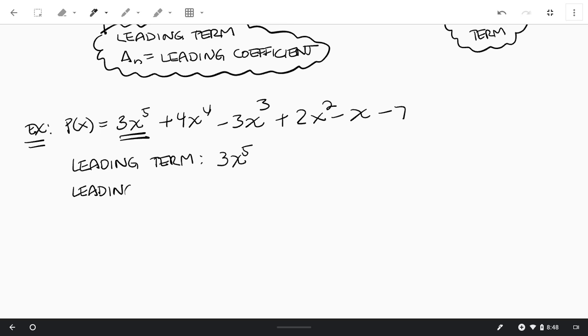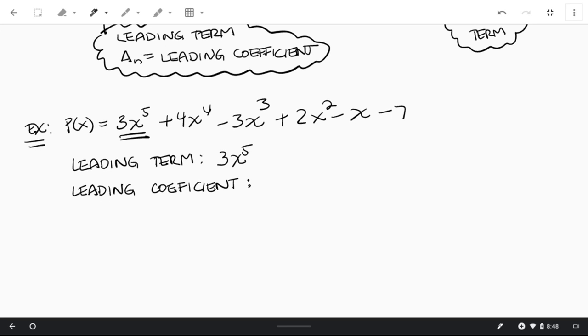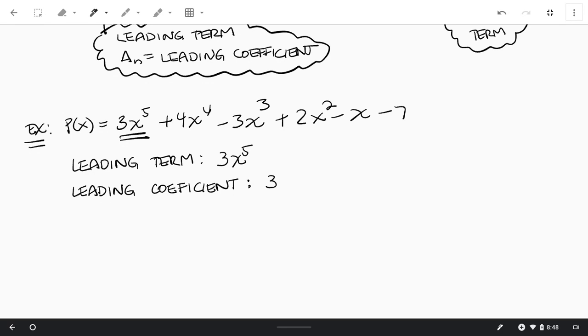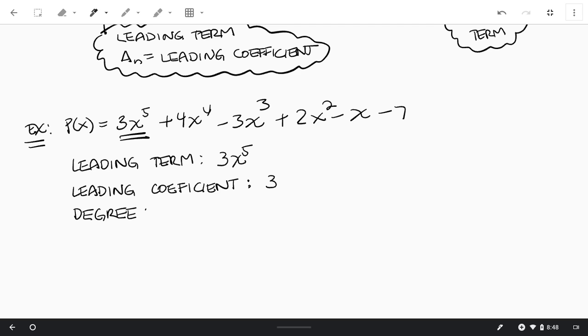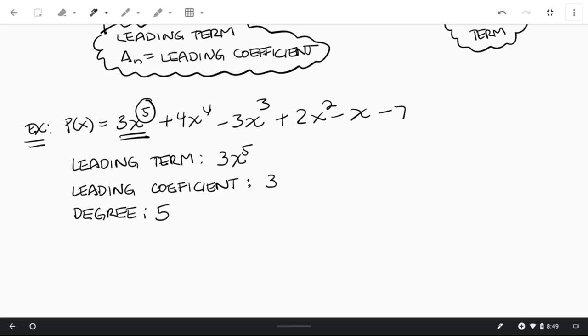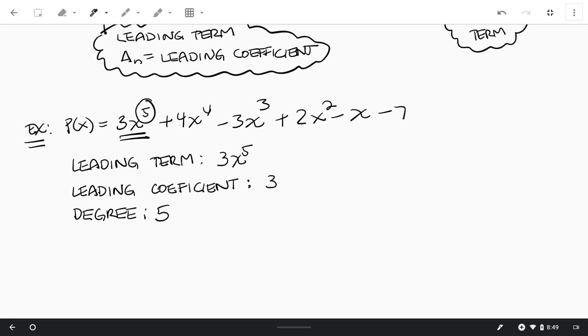You might also be asked to find the leading coefficient. Here, the leading coefficient would be the coefficient in the leading term. In this case, it would be positive 3. You might be asked to find the degree of this polynomial. That's just the highest exponent here, which would be this 5. So this is a degree 5 polynomial. You might be asked to identify the constant.